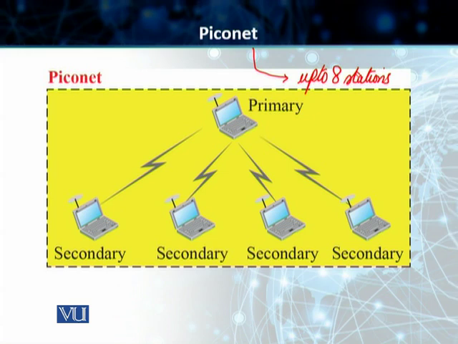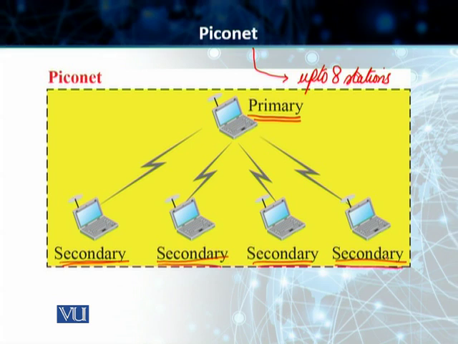Bluetooth mein, if you're forming a Piconet, yaad rakhiyega, you can have 8 active devices at one single time. And in this particular case, one of the devices is called as your primary, and all the other devices, which can be up to 7, because we can have up to 8 stations, you can have up to 7 secondaries and 1 primary, and all of these devices, they are called secondaries.